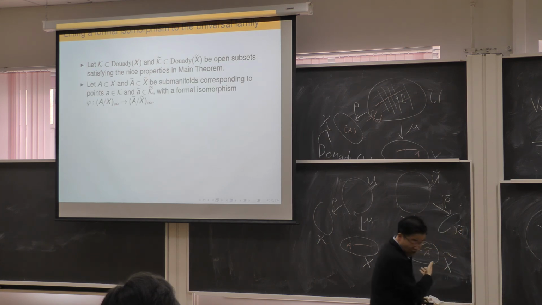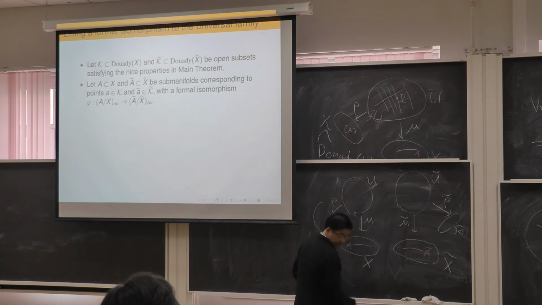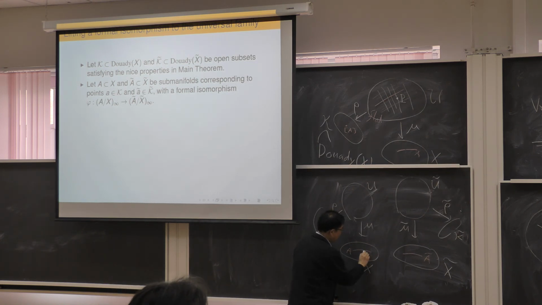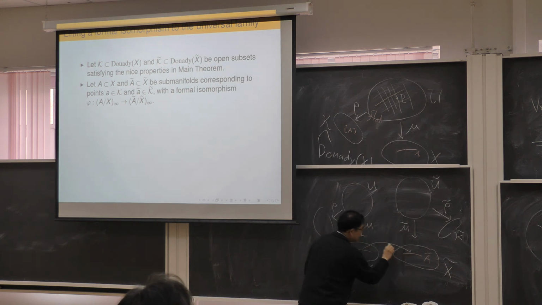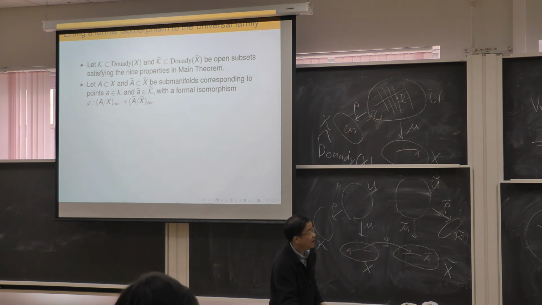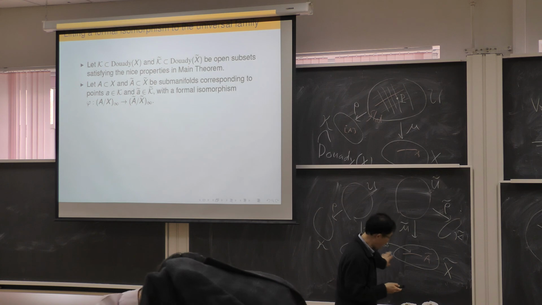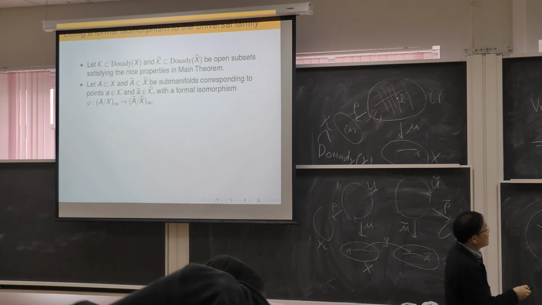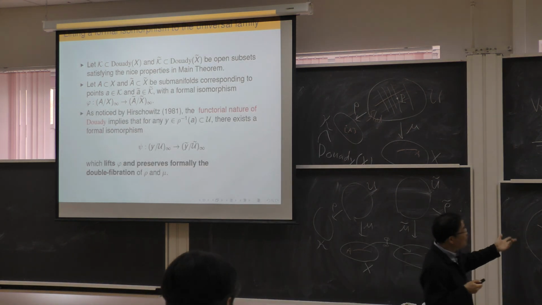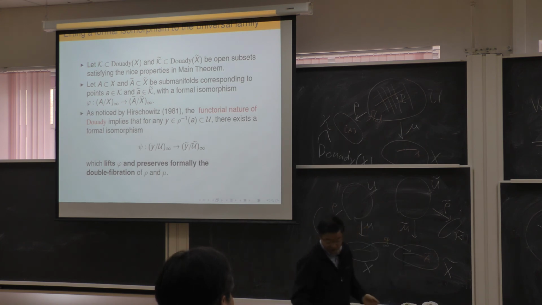And now we assume that there's a formal isomorphism from A to A tilde. So this is formal. In a formal neighborhood, we have a formal isomorphism. Now this was already observed by Hirschowitz, that the duality is a functor.